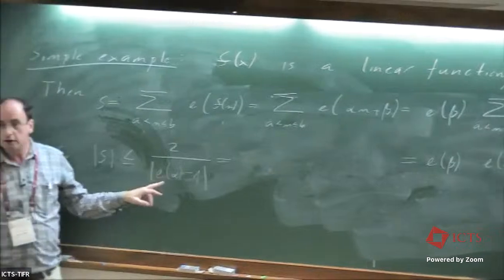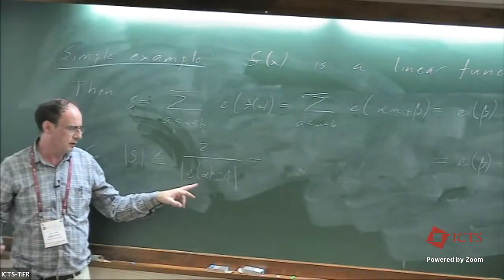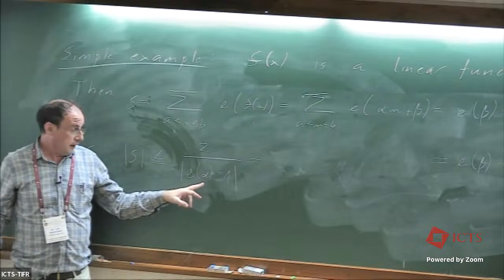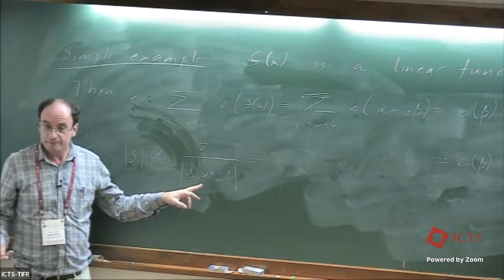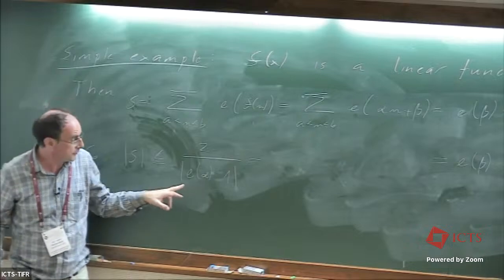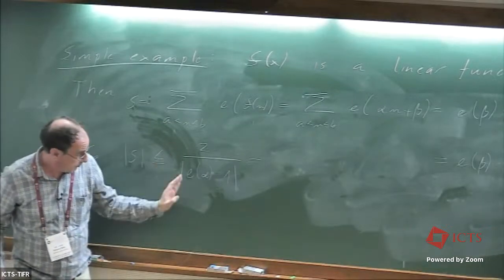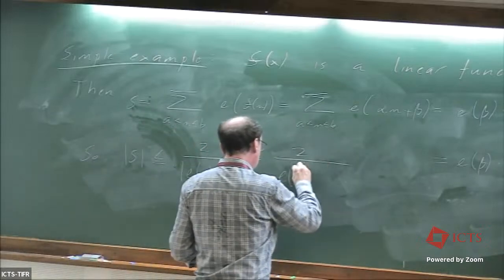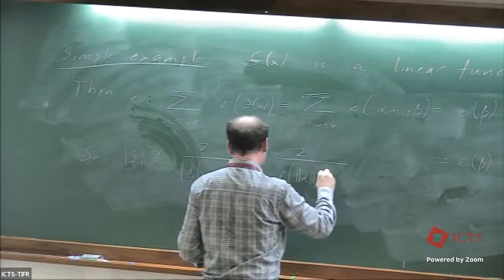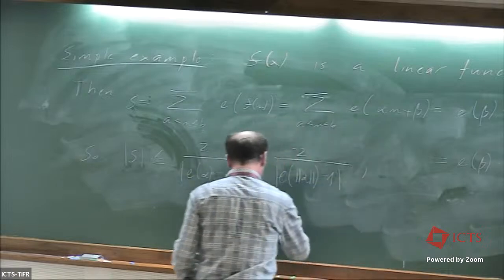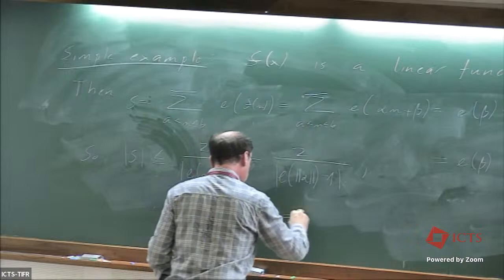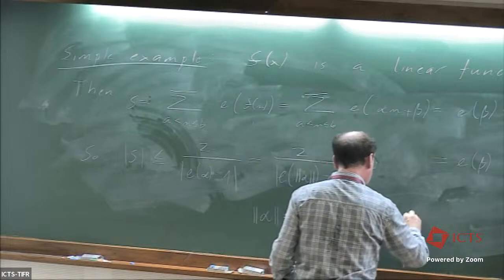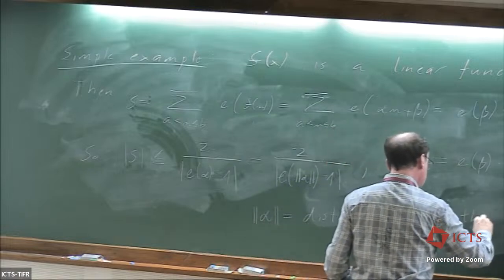So that just depends on alpha modulo 1, and more precisely on the distance of alpha to the nearest integer. This modulus is exactly equal to e of the distance of alpha to the nearest integer, minus 1.